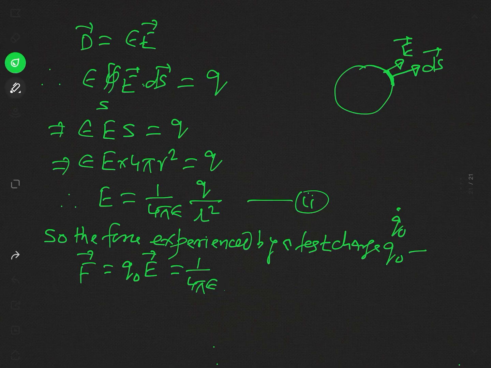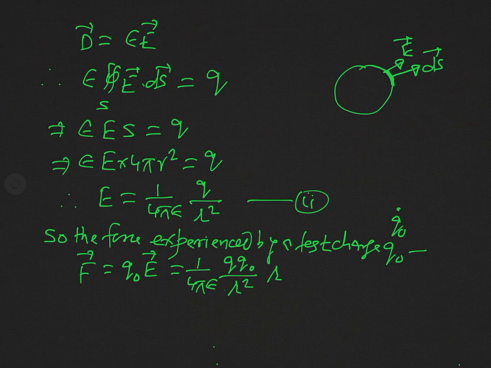In case of free space we will write epsilon naught, but here I have taken the general case. So this is 1 over 4 pi epsilon naught Q naught over R square.